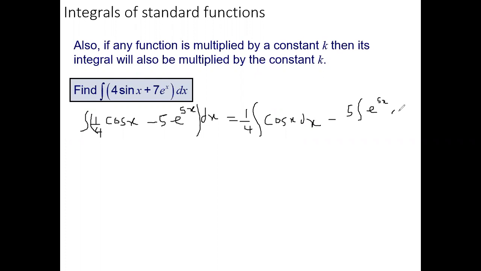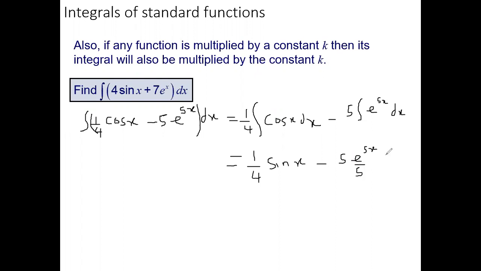So when we integrate, we get 1/4, cos x will give us sine of x, then 5 times e raised to the power 5x will give us e raised to the power 5x over 5.